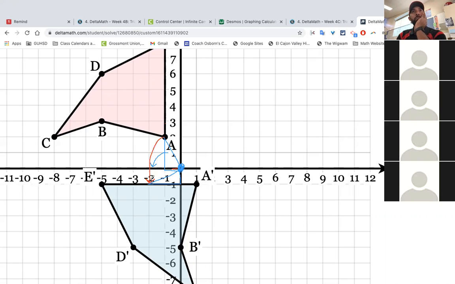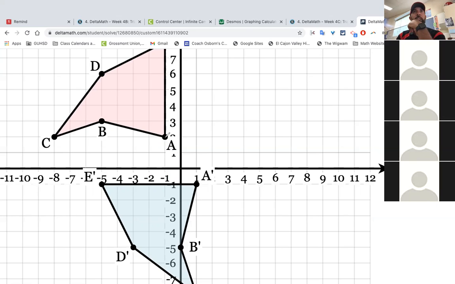Well, that means I got to move it down to this point and then shift it over 3. So some of you guys can visualize this. Some of you are going to need to write it out because we all see things differently. Some of us like this kind of image type stuff and can see it in our brain. And I know for some of you, this is a challenge to see in your brain, so you might have to draw this out on paper and see it yourself.